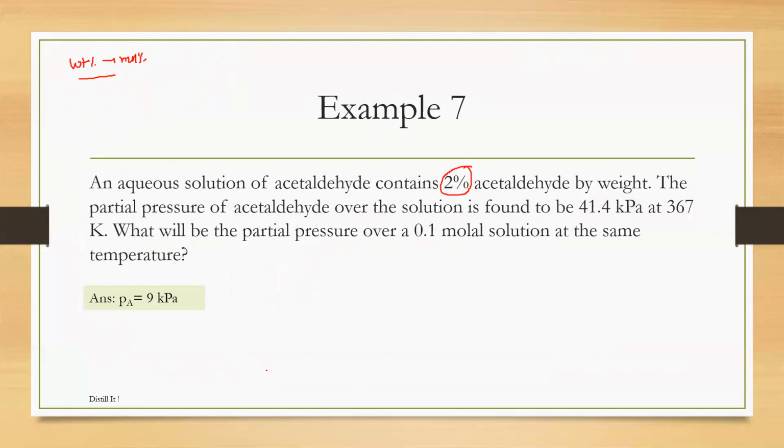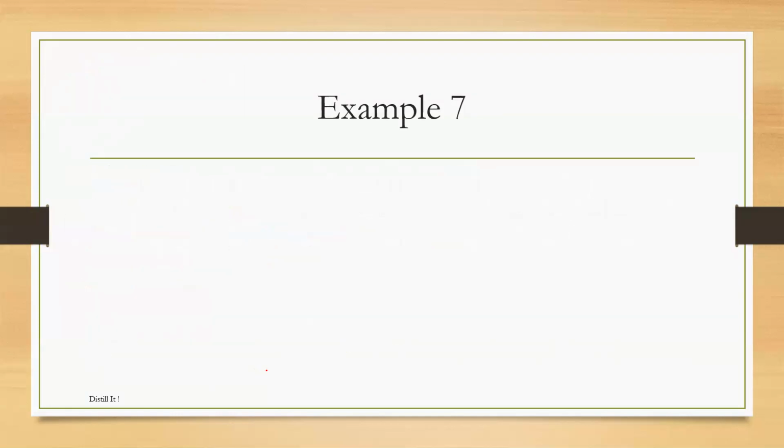Now we are going to use this constant in another condition where they have given partial pressure over a 0.1 molal solution. Molal. Remember the unit that we discussed, molality? In the first video, we discussed molality.